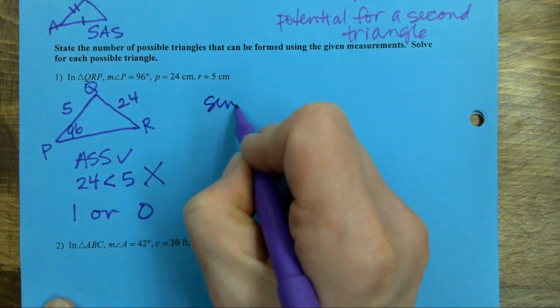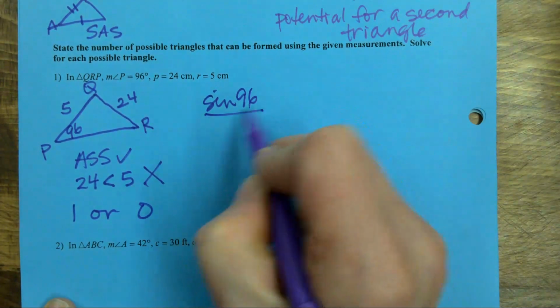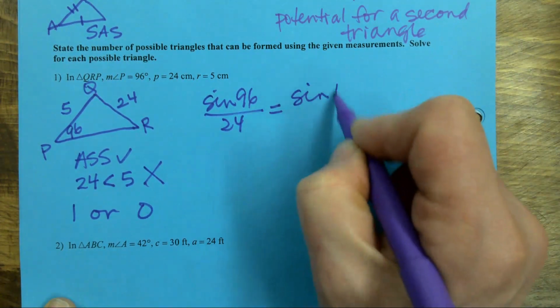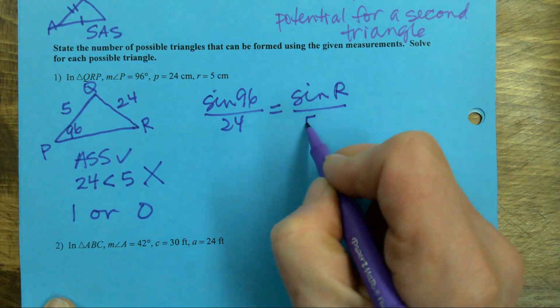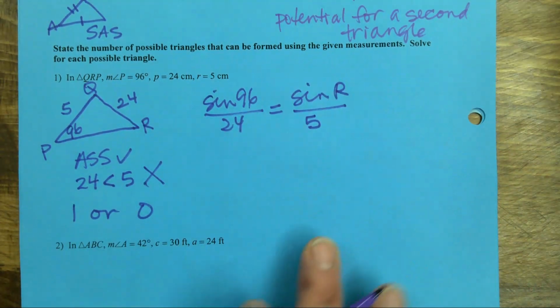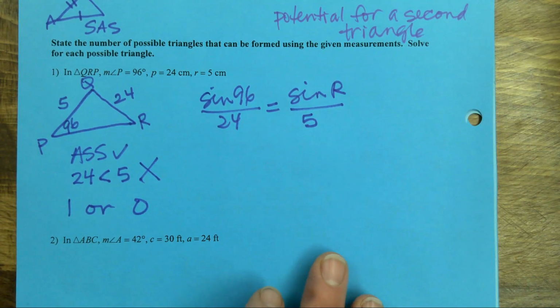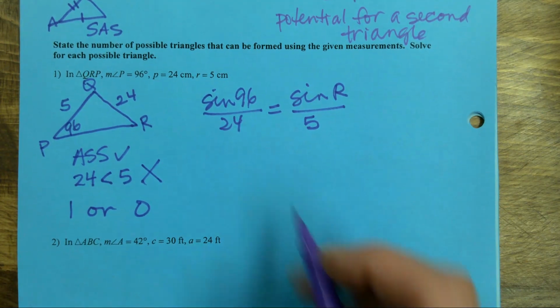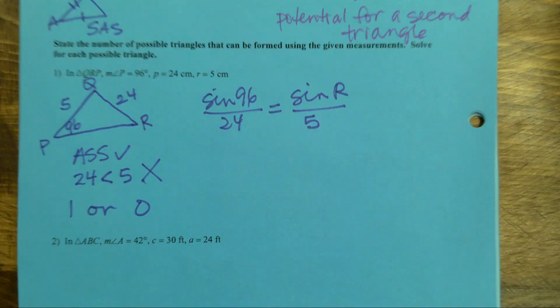The sine of 96 over the opposite side is equal to the sine of R over 5, and I'm going to go ahead and solve for R. Again, if this isn't going to work, I'm going to get a domain error or something funky when I plug this in the calculator. And again, I need your assistance because I can't do this without a calculator, or with the calculator that I have.